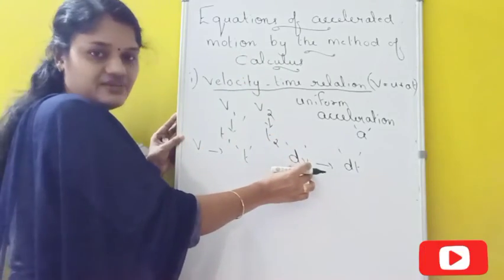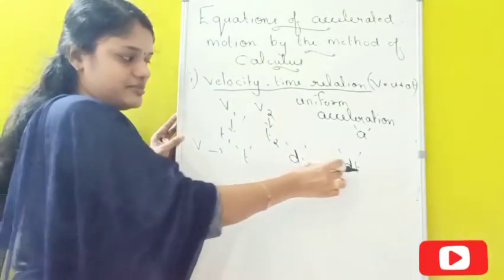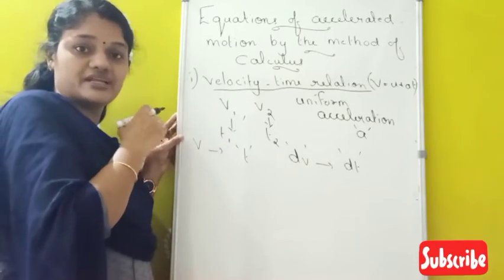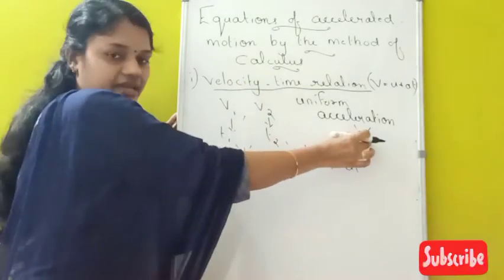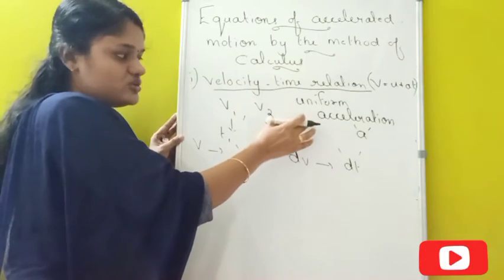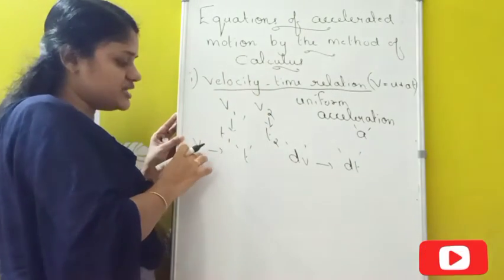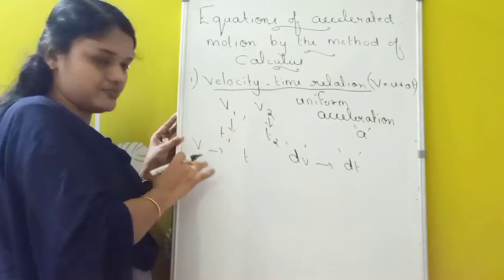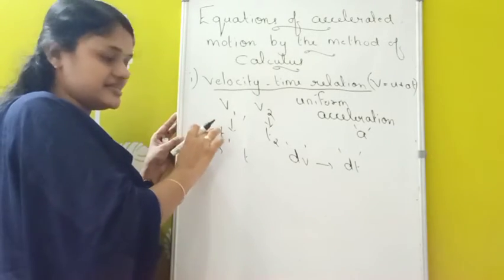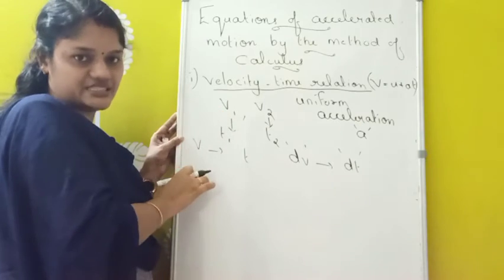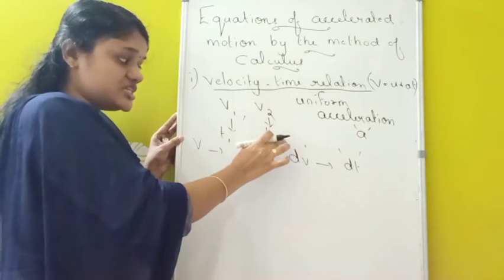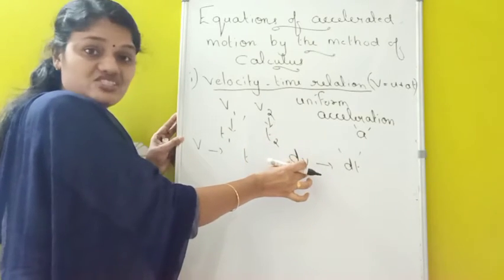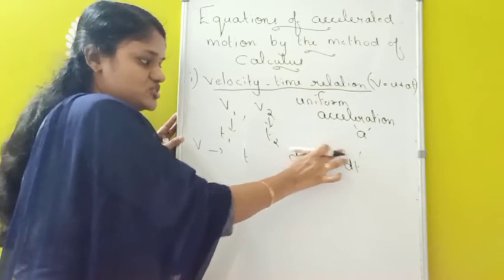So here we are considering an object moving in a straight line with uniform acceleration a, and let v be its velocity at any time t, v1 its velocity at time t1, v2 the velocity at time t2, and let dv be the change in velocity in a time interval dt.